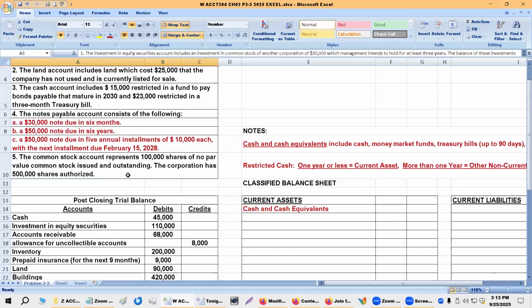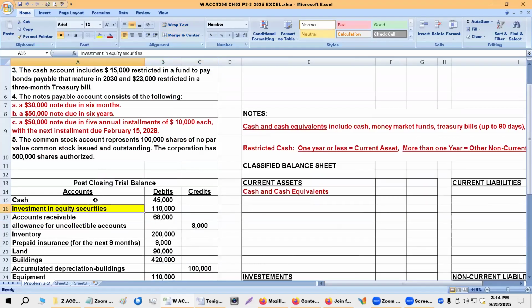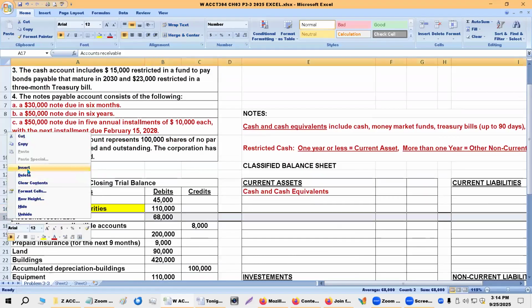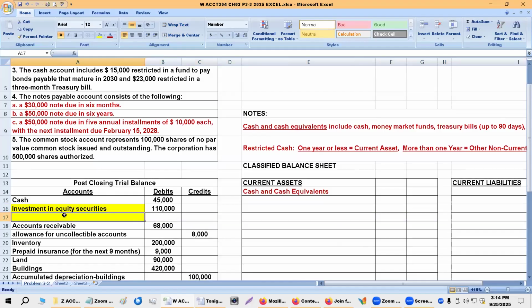So let's go down to this account, investments. I'm just going to add a line. Okay, so 30,000 is investments, I should say.